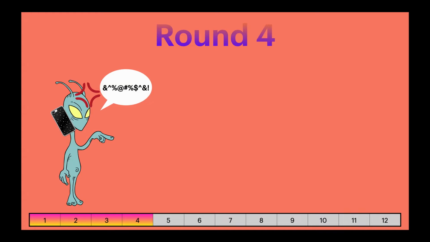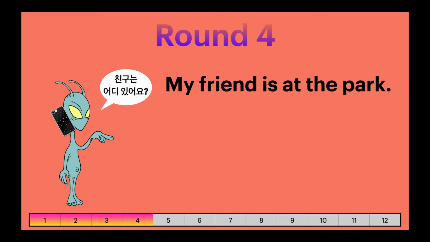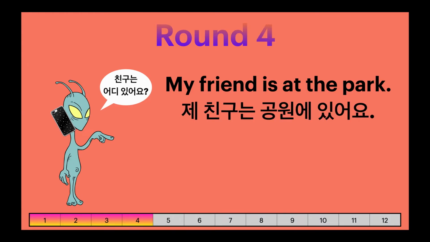Alright, alien friend's getting a little bit angry now, so this time he's going to go ahead and look for our friend instead because he knows that our friend is a bit nicer than we are. 친구는 어디 있어요? My friend is at the park. 제 친구는 공원에 있어요.